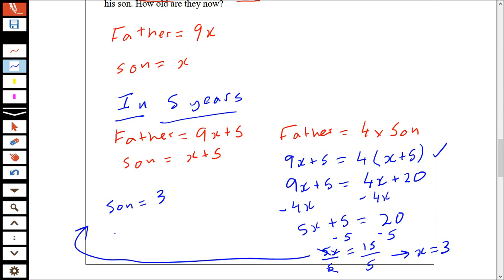And the father will be 9 times that, won't he? Here's the father's age, 9 lots of x. So 9 times 3, which equals 27. So copy that down.